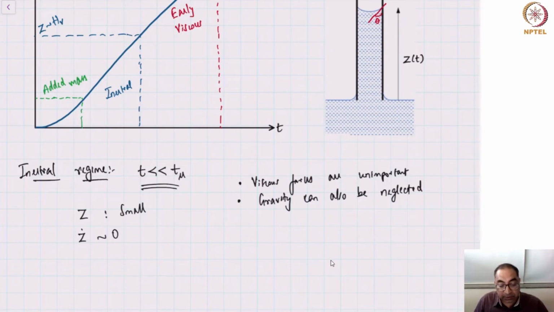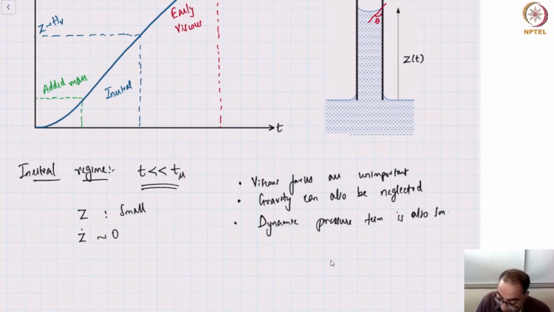Further, the velocity is small, so the dynamic pressure term is also small. So z is small, therefore the z dot square term is small.